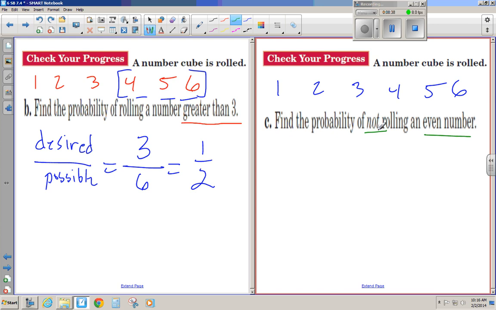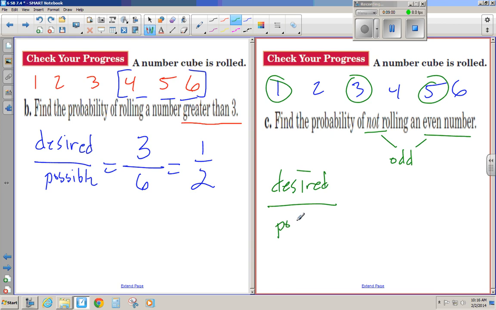Let's do how we would set this up first. Not even means odd. So that means 1, 3, and 5. So the desired over the possible is 3/6 or 1/2.